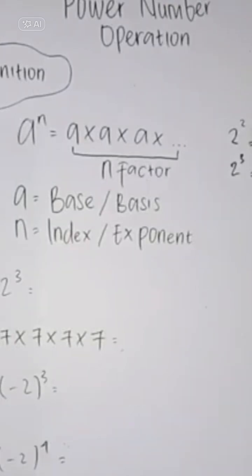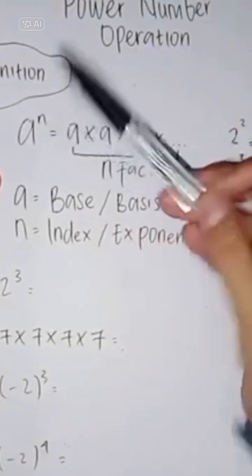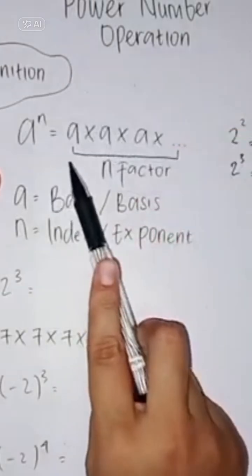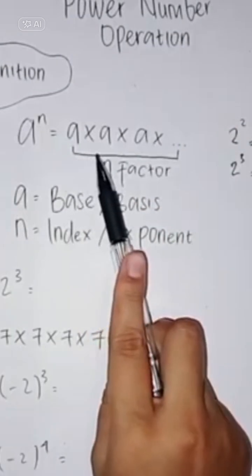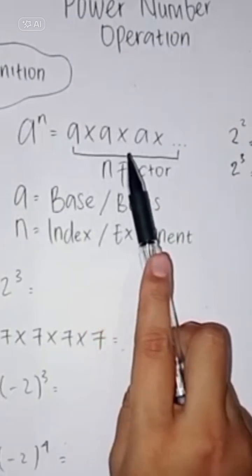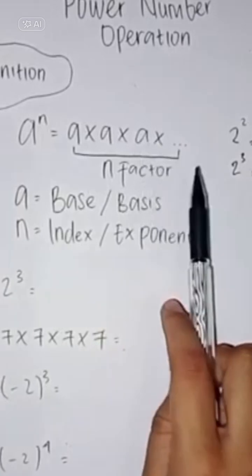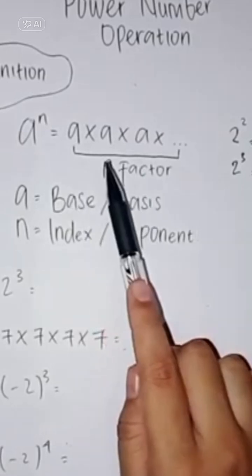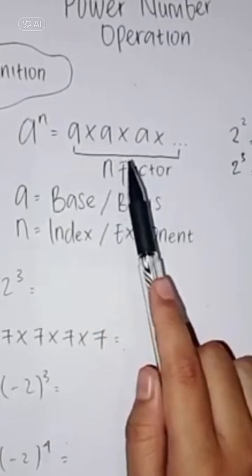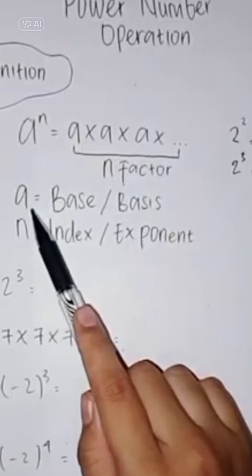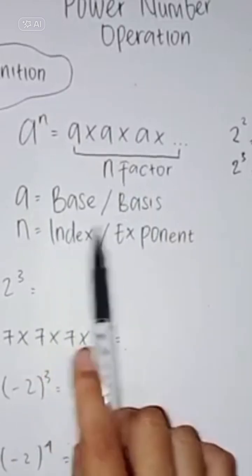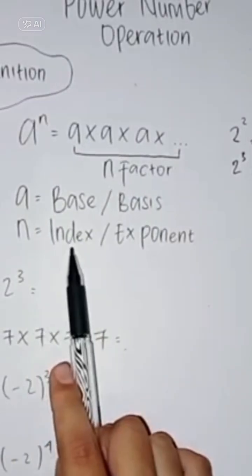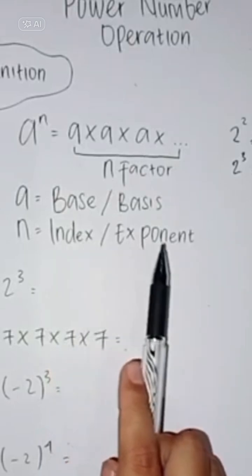From this explanation, we can conclude that a power of n means a times a, and so on, depending on how much n is from the formula. From this formula, a is the base or basis, and n is the index or exponent.